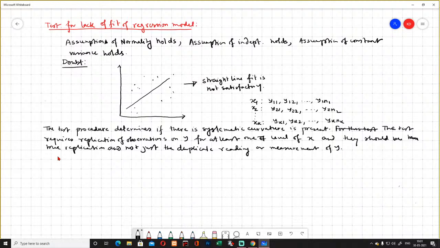Suppose the true replication consists of running ni separate experiments at x equal to xi.